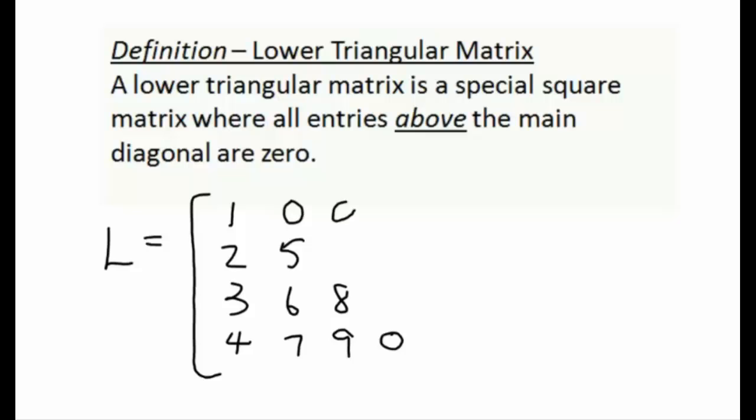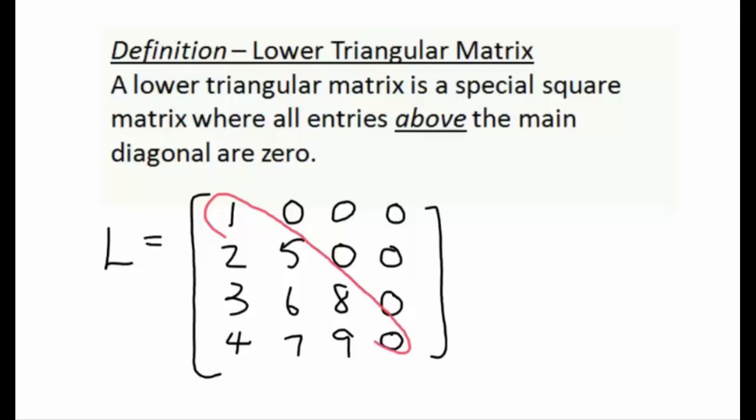As long as I have zeros above the main diagonal, this is what we call a lower triangular matrix. For a 4 by 4, this is going to be our main diagonal, and notice that we have a triangle of zeros above it. That's what makes this a lower triangular matrix. Notice down here that we have the number 0 on the main diagonal, and that's okay. All we really care about is having a triangle of zeros above the main diagonal.